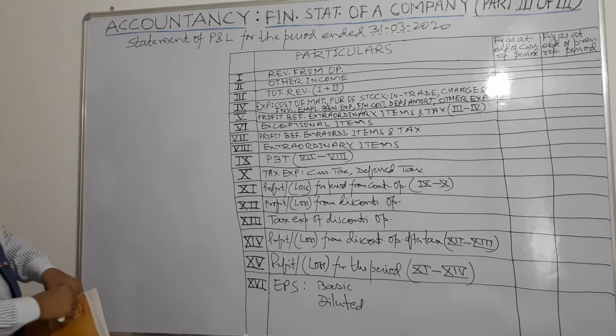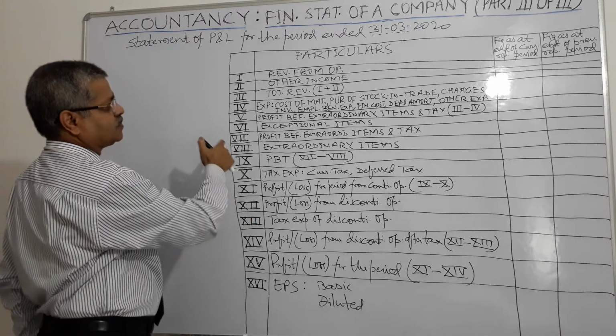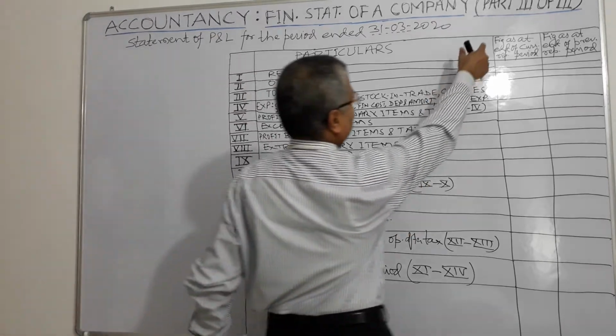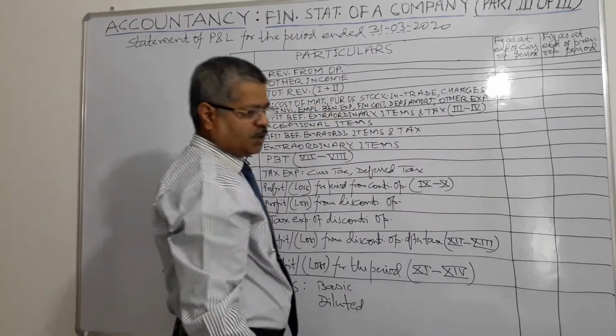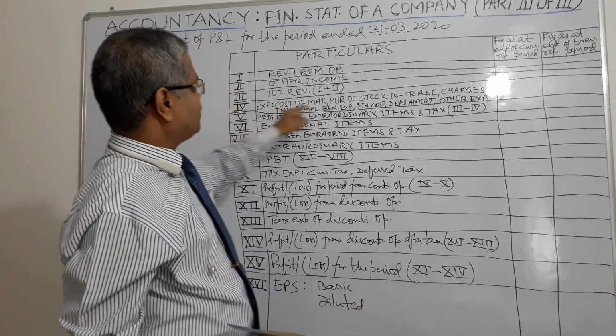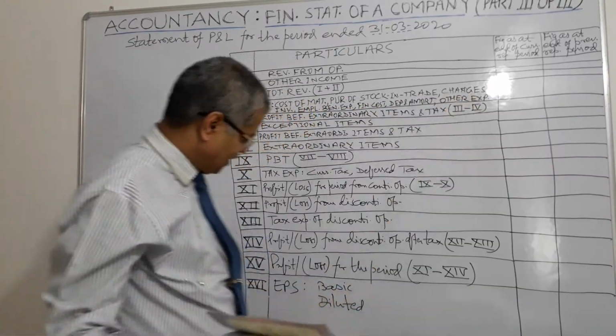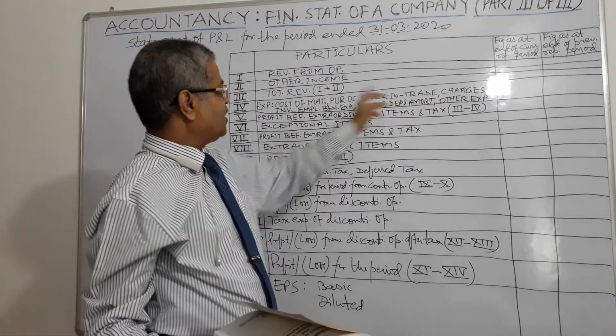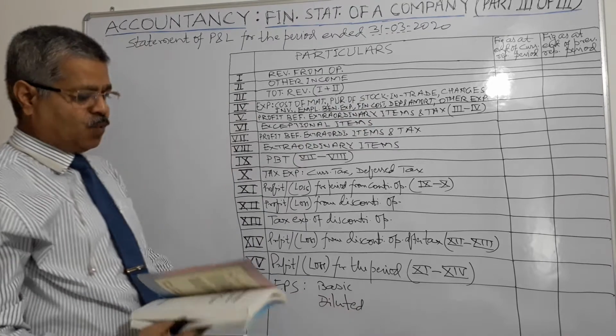And there are 4 columns. One more column could come for notes. Here we could have one column for note, right? Suppose note number 1 is before item number 4. So explanations will be given at the footnote. What are the notes in respect of item number 4, right?